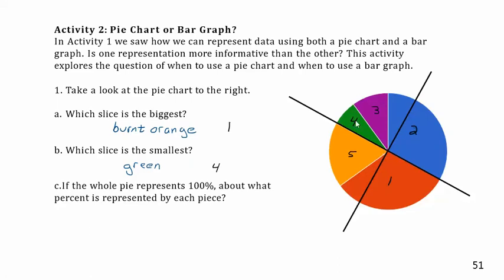Possibly even 4 might be less than 10%. The other thing that you need to look at for your guesses here is they should all add up to 100%. So I want you to write your guesses down. I'll look at them when you turn them in. But what I'll be looking for are those things we talked about as far as estimating, and they should add up to 100%, whatever you're guessing.